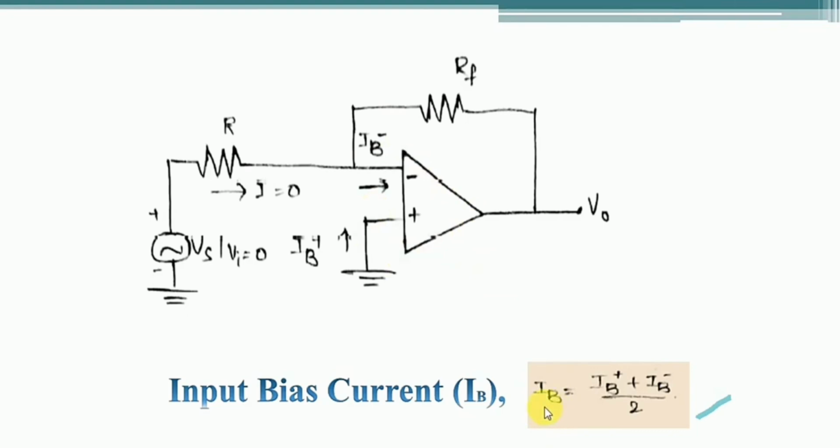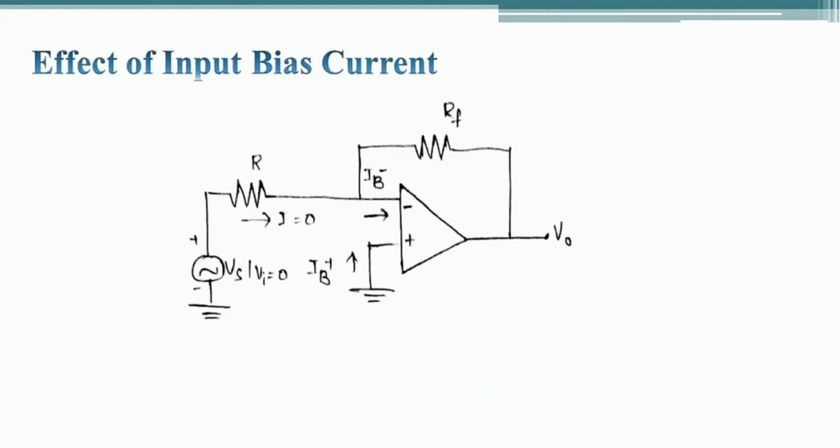Now we will see the effect of input bias current when the input signal is 0, which means no input signal is applied. At that time, what is the output voltage V0? Let us see the effect of input bias current on the operational amplifier.